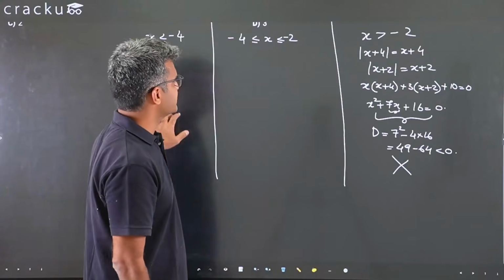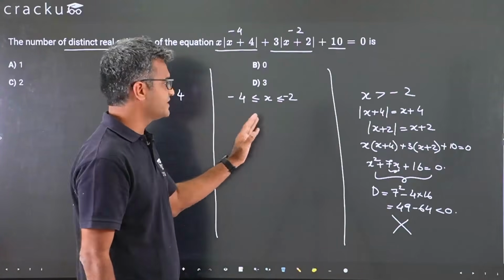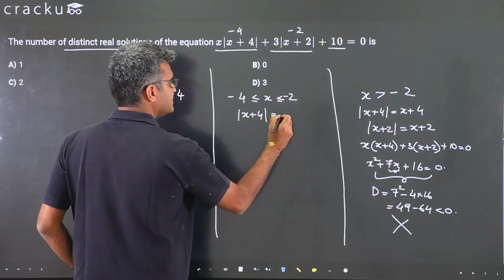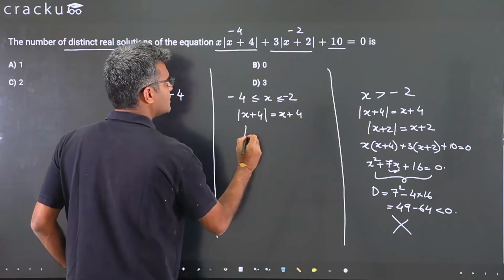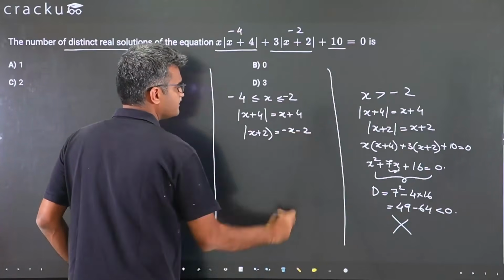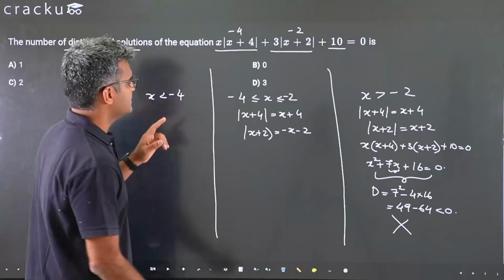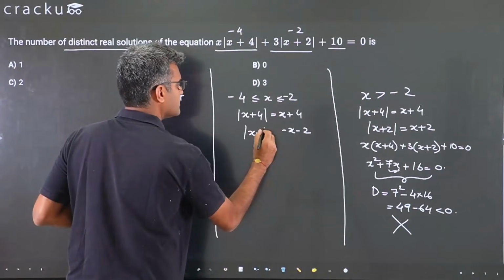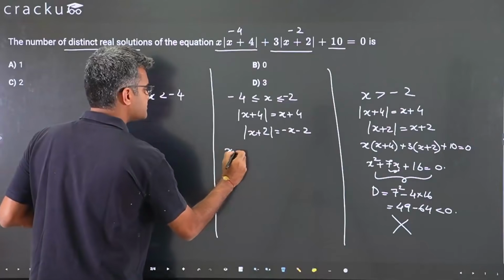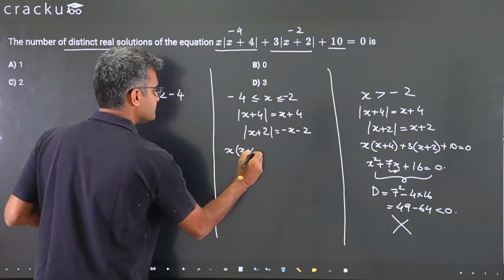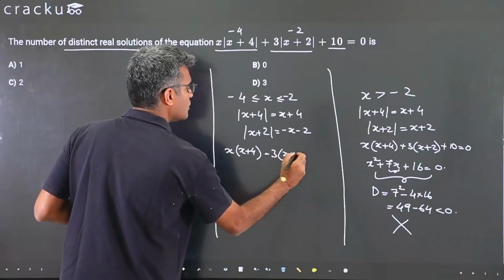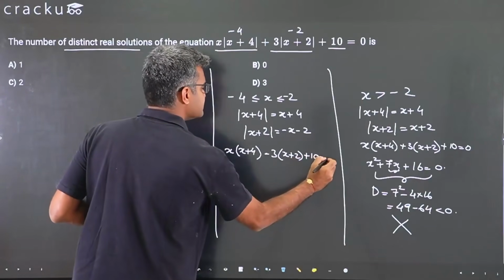If you look at the second case, where x lies between minus 4 and minus 2, modulus of x plus 4 will be equal to x plus 4 and modulus of x plus 2 will be equal to minus x minus 2. Therefore, the given equation becomes x into x plus 4 minus 3 times x plus 2 plus 10 is equal to 0.